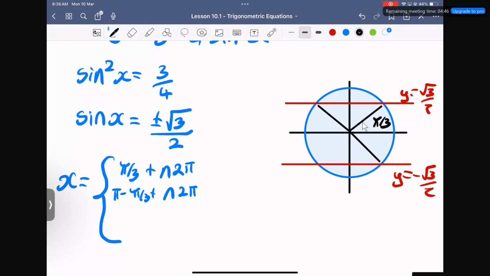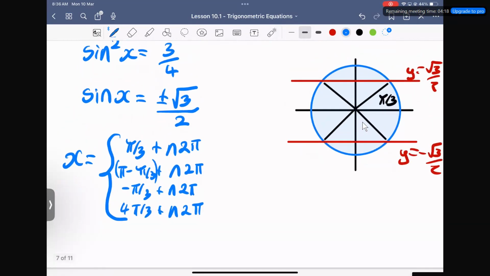Negative pi over 3 is an easy one for that one, or 5 pi over 3. I'm going to go for the negative pi over 3 to begin with, plus n 2 pi. And this one over here, what's this one going to be? 4 pi over 3. Oh, I'm missing my pi. 4 pi over 3 plus n 2 pi.